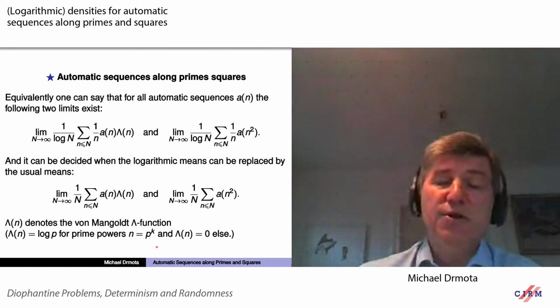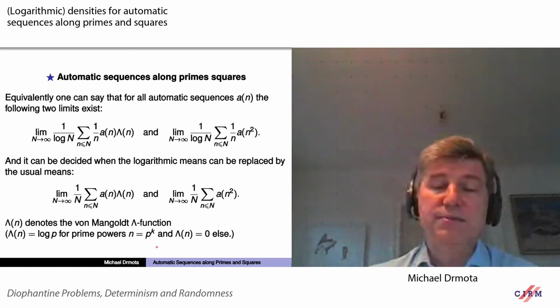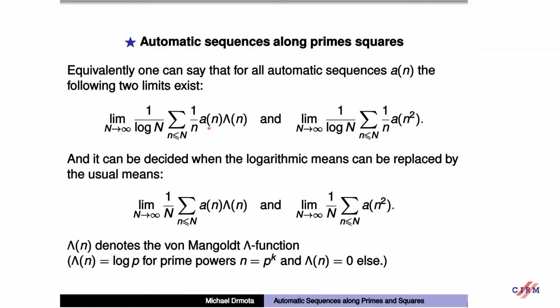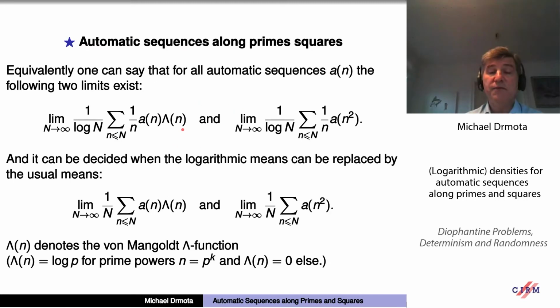There is an alternative way of writing this result. Of course, if we have an automatic sequence, it can be, without loss of generality, complex valued or real valued, and we can also consider these averages with the von Mangoldt lambda function, or just the average along the squares. The average with the von Mangoldt lambda function is equivalent to taking averages over prime numbers.